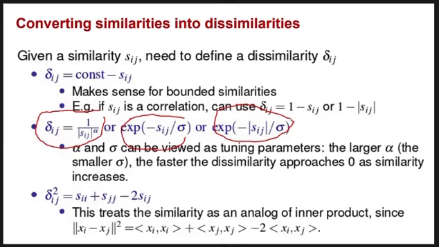When the similarity is getting smaller, the dissimilarity will be getting bigger, because similarity and dissimilarity are mutually exclusive.